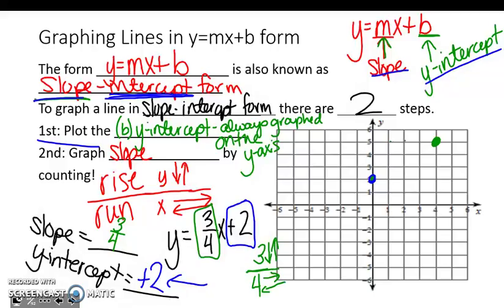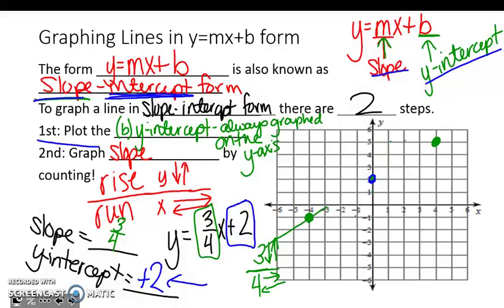Now guys, the other way to get a positive slope is the double negative. So remember, a double negative also creates a positive. So instead of going up 3 and right 4, I'm going to do the opposite of that. So I'm going to go down 3, 1, 2, 3, and I'm going to go to the left 4 because both of those are negative movements.